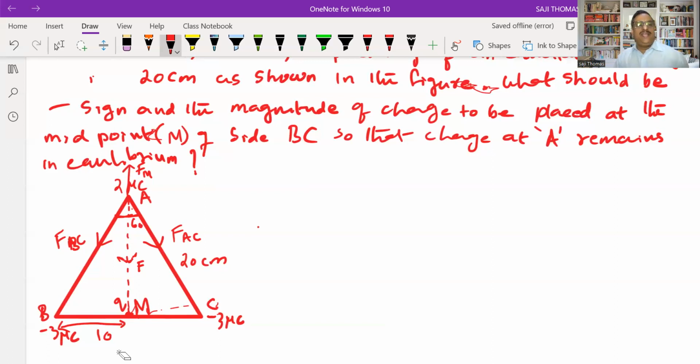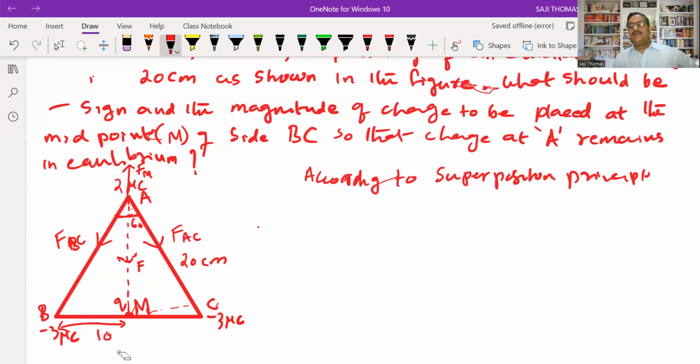Okay. Now we can apply the superposition principle. According to the superposition principle, F plus Fm must be 0. What is F?